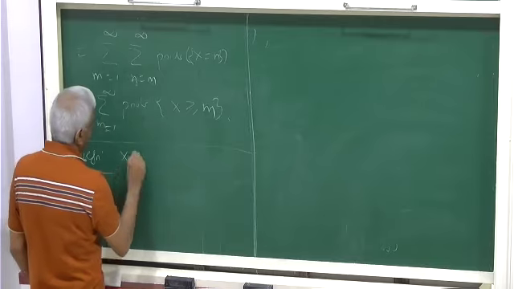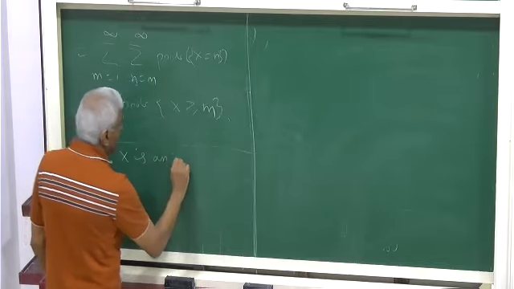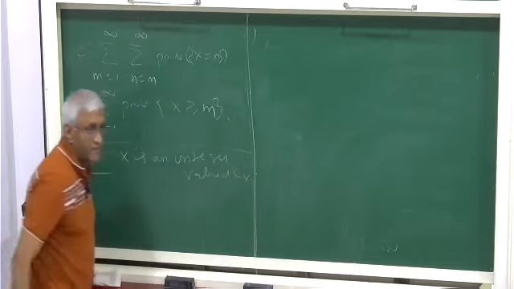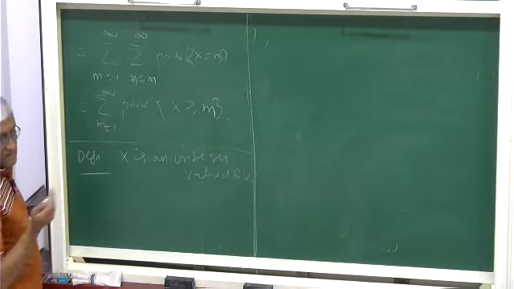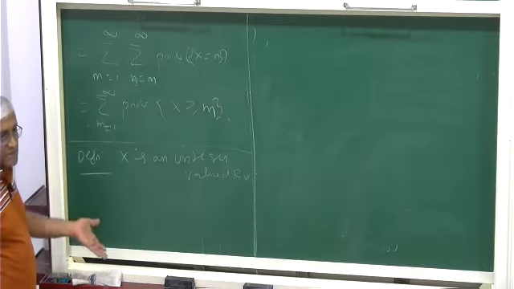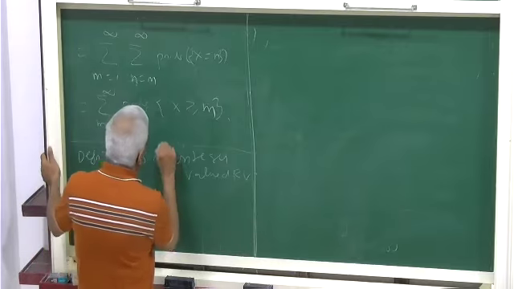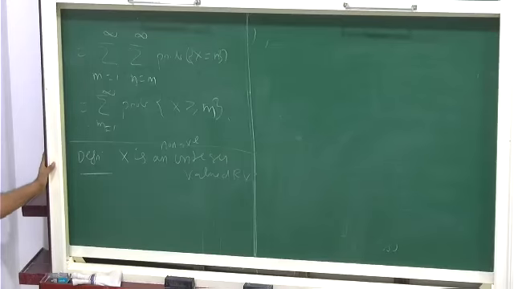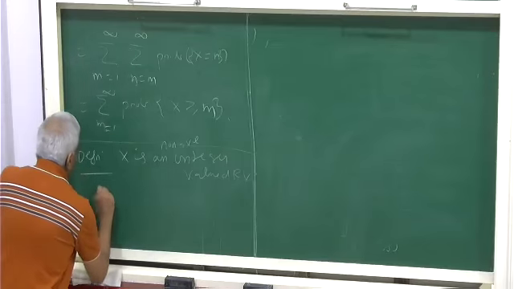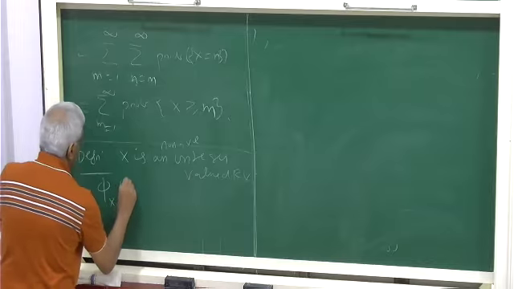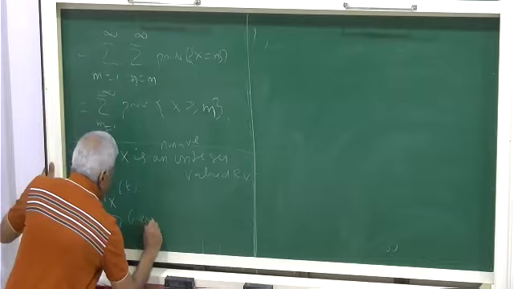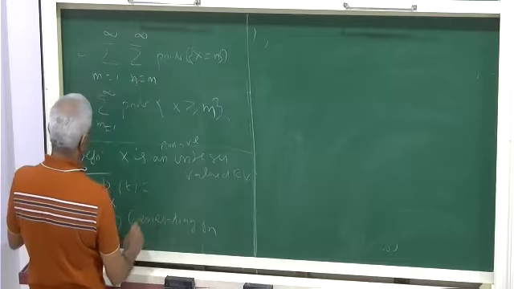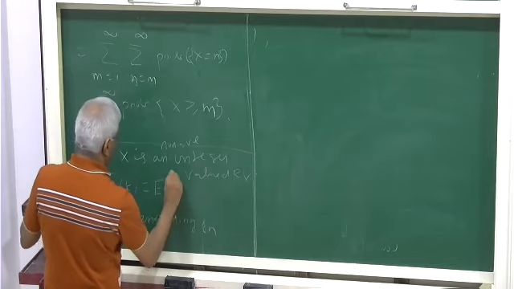If x is an integer valued random variable, x is a function from the probability space to non-negative integers, then phi of x at t is what is called the generating function, which is E of t power x.